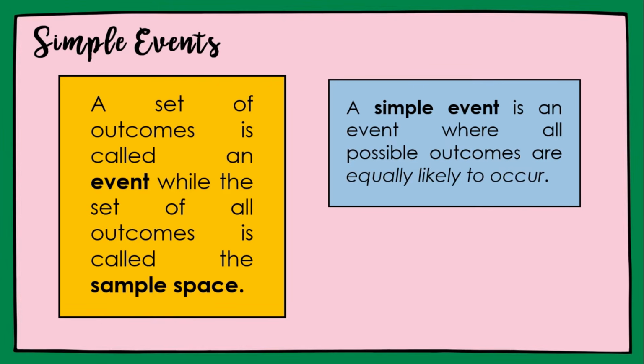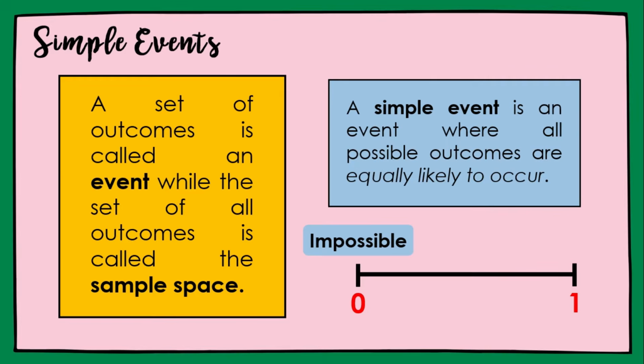So the probability of simple events will have all possible outcomes equally likely to happen. This likelihood can be expressed as a fraction, a decimal, or in percent, with 0 being the probability of an impossible event, and 1 or 100% for a sure or certain event.